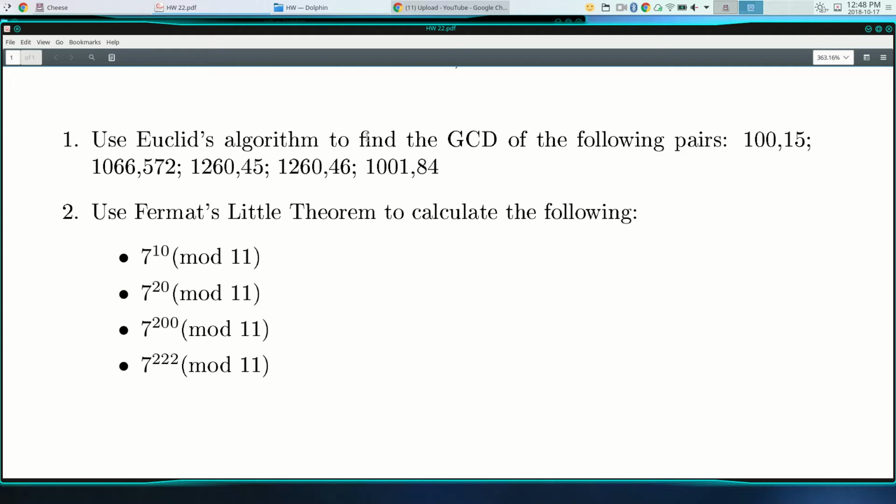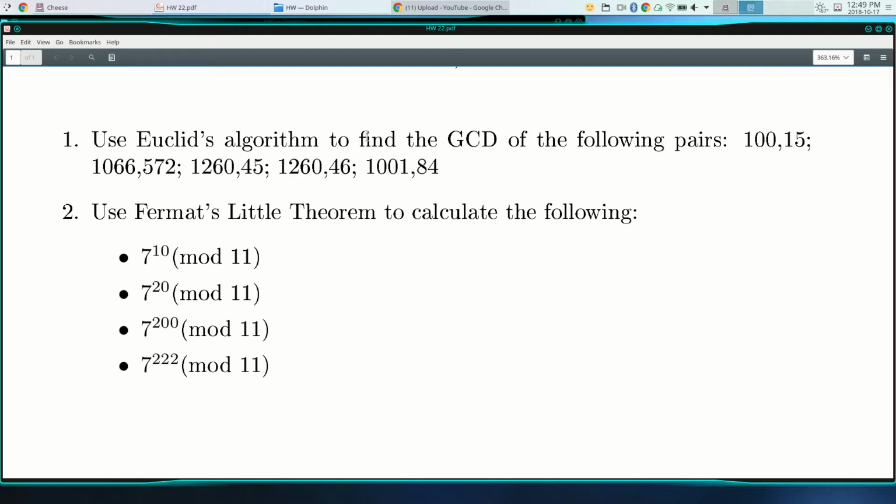And then we'll bring down the 15, put that equals something times the remainder, which is 10, plus whatever that actually is. 5, yeah, it is.